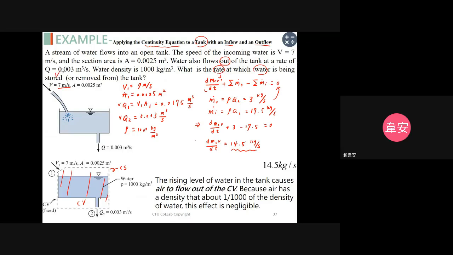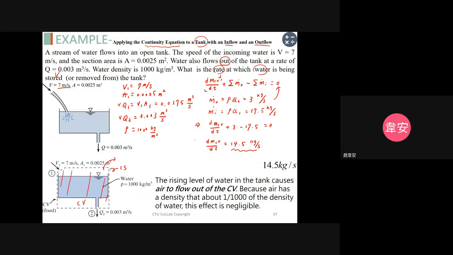Okay, but the question notes that the rising level of the water in the tank causes air to flow out of the CV. But in this problem, we don't care about the air flowing out from the CV because the density of the air is quite small compared to the water.